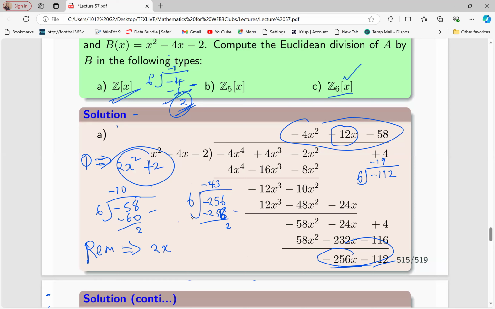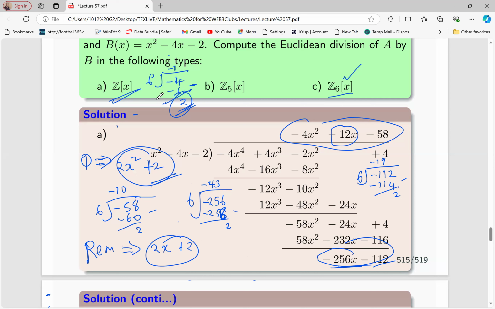Negative 19 times 6 gives me negative 114. Subtract, I have a 2. So this is the remainder and this is the quotient.